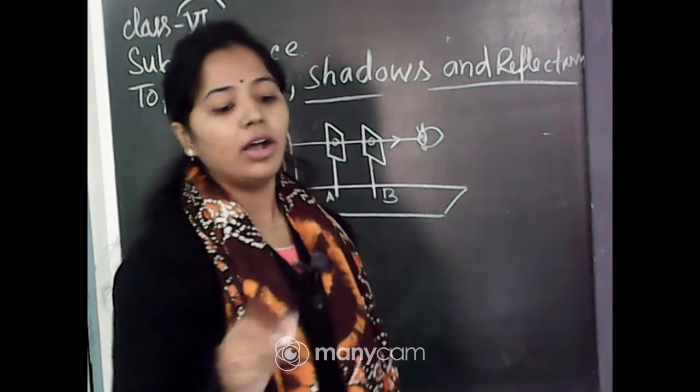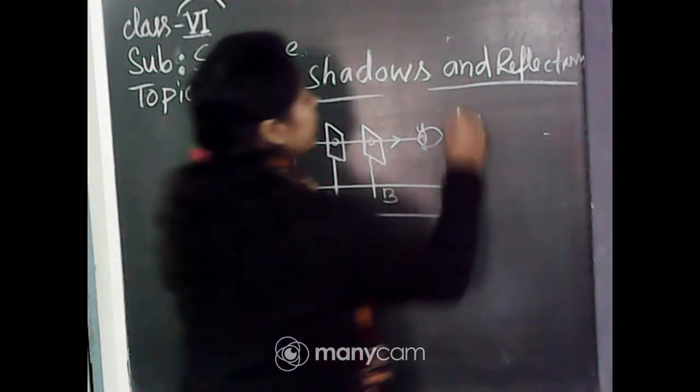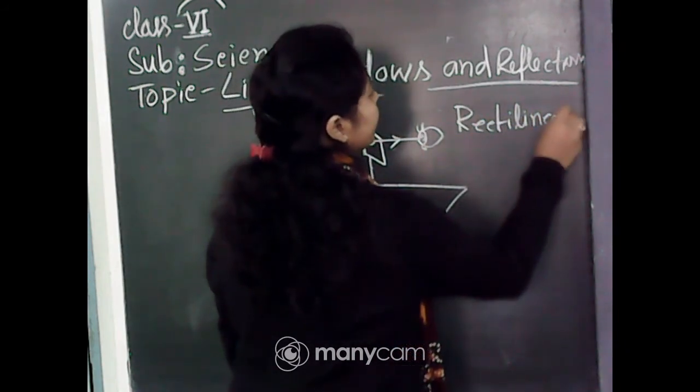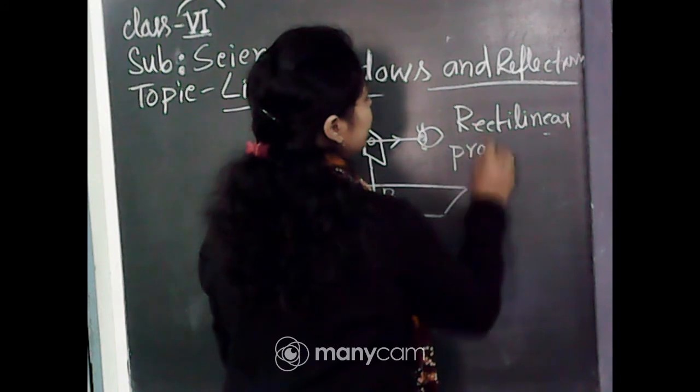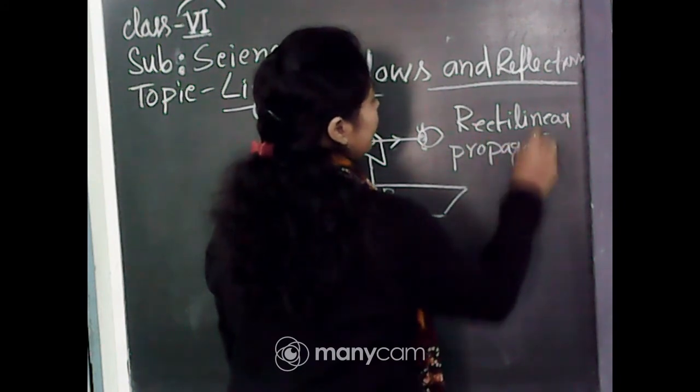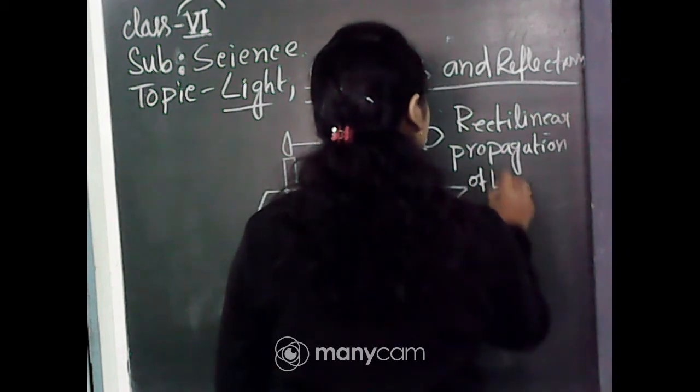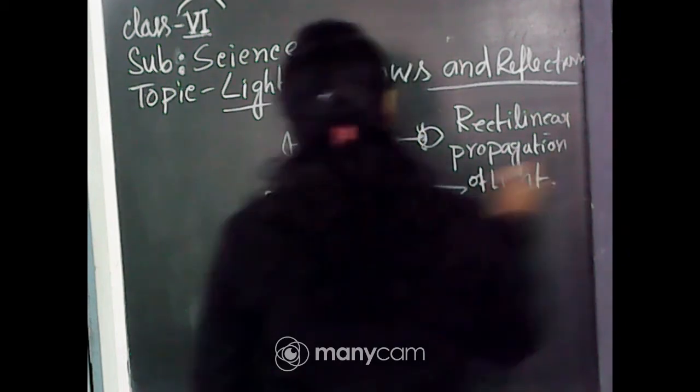Understood everyone? This is also known as rectilinear propagation of light. So what is actually happening here?